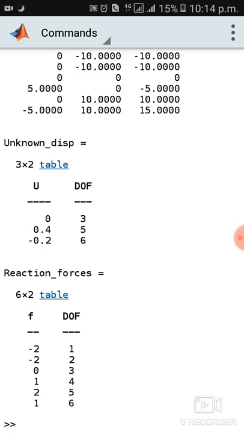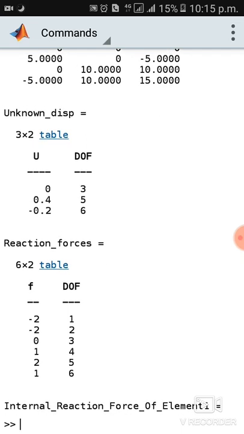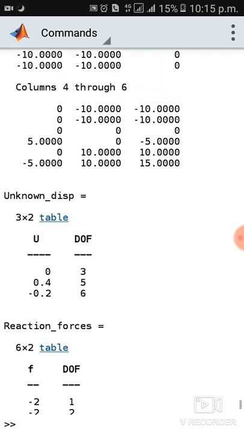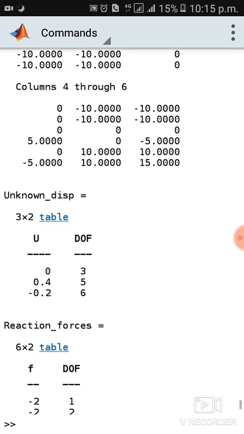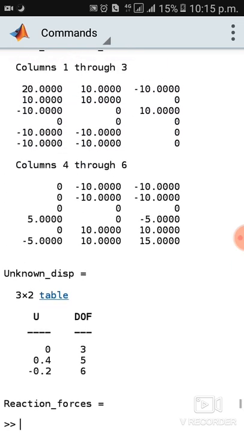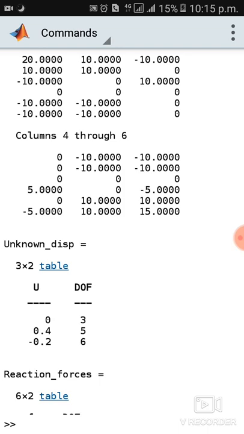On the truss, displacement occurs due to the action of the applied or external forces. On my truss, there are two external forces applied at node 3, so it gives me the displacement that occurs at that node. It also gives me the degree of freedom numbers, which I told you at the start of the output. 0 displacement occurred at node 2. At a node where no displacement occurs, there is a support present, which prevents the displacement.